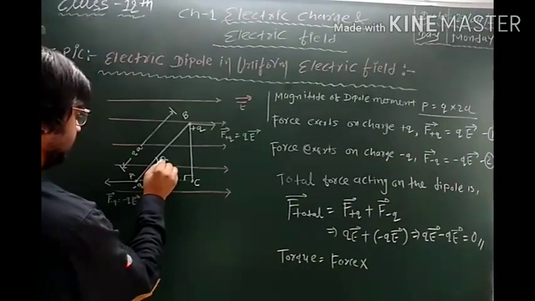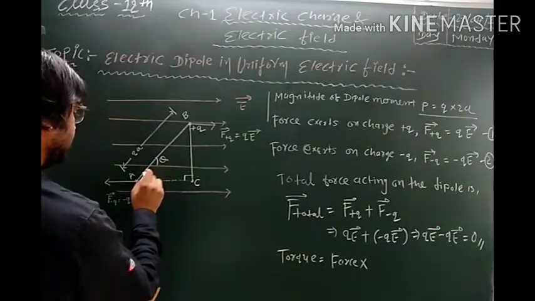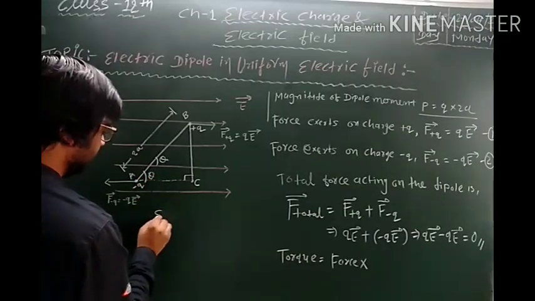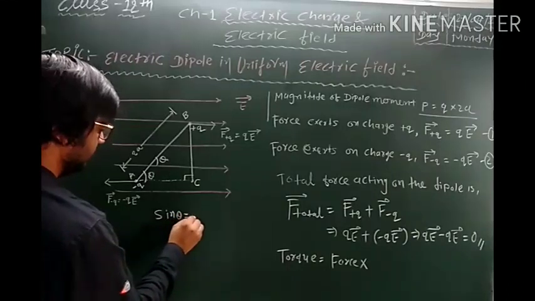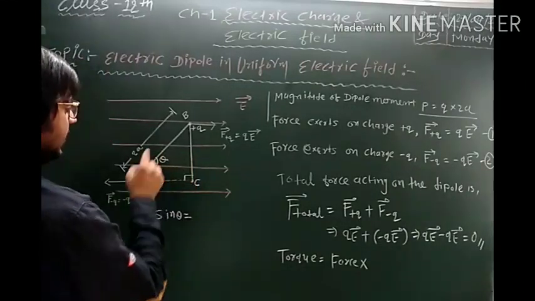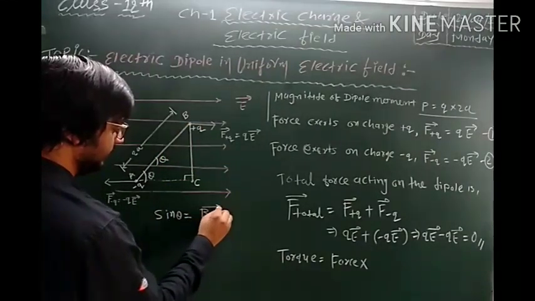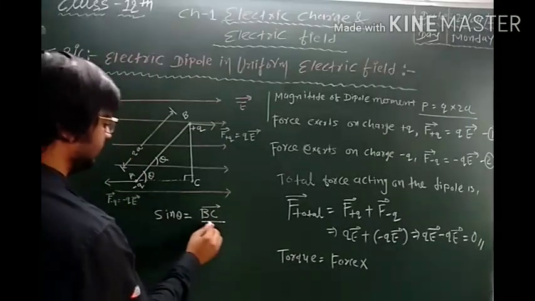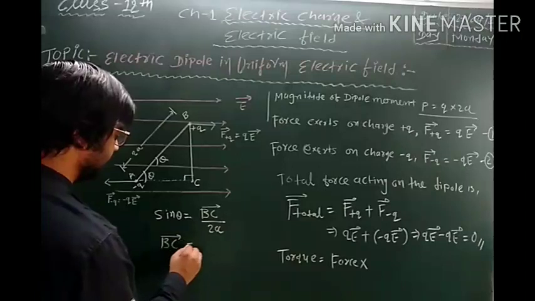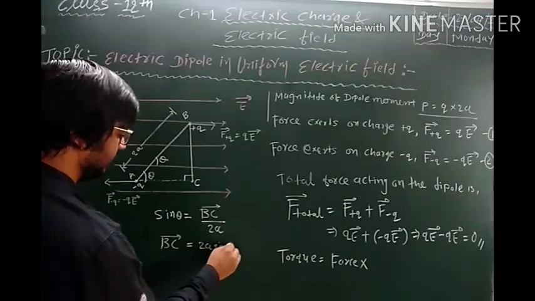So how can we derive it? Here theta is given, here is theta, here also theta. So sin theta is equal to opposite upon hypotenuse. The opposite side is BC divided by the hypotenuse 2a. So we get BC equal to 2a sin theta.